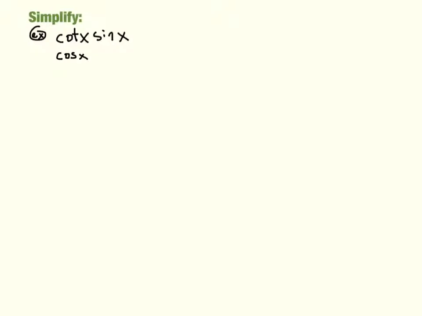It's the cosine x over the sine of x. And this is being multiplied by sine x. Now why would I have wanted to do that? Because now these sine x's cancel. So cotangent x times sine of x is the same thing as cosine x.